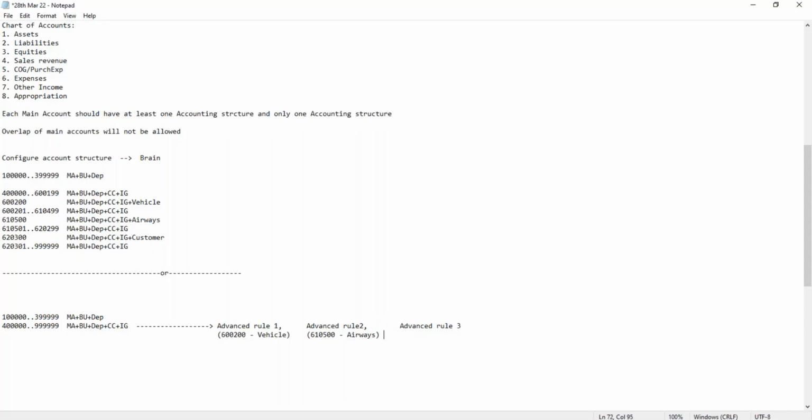One more advanced rule, and I will map 620300 as customer. Is this easy? For this account only, whenever it is coming, I want an extra vehicle as a dimension.